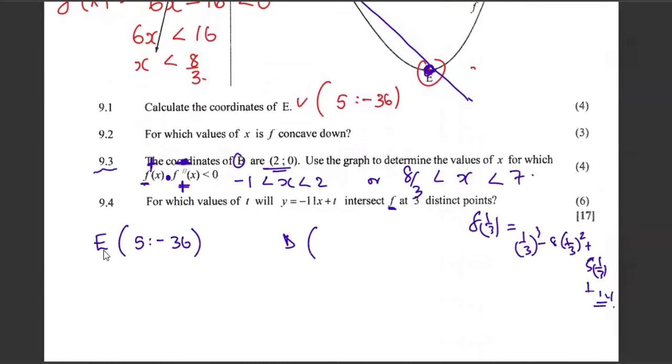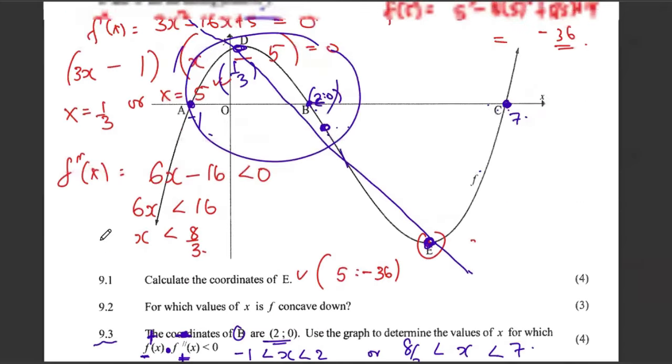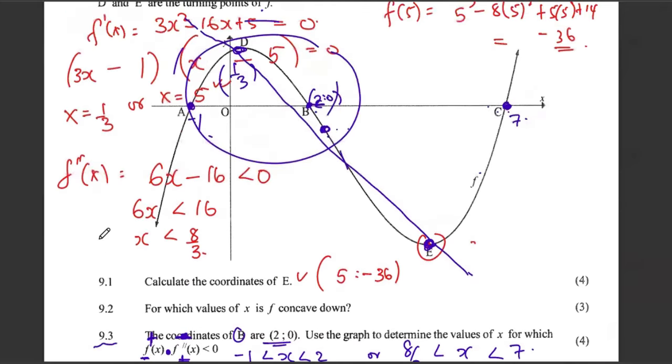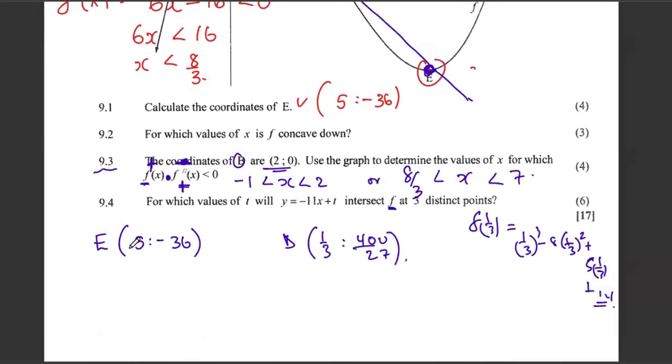Okay, so when I do that, I'm ending up with 400/27.